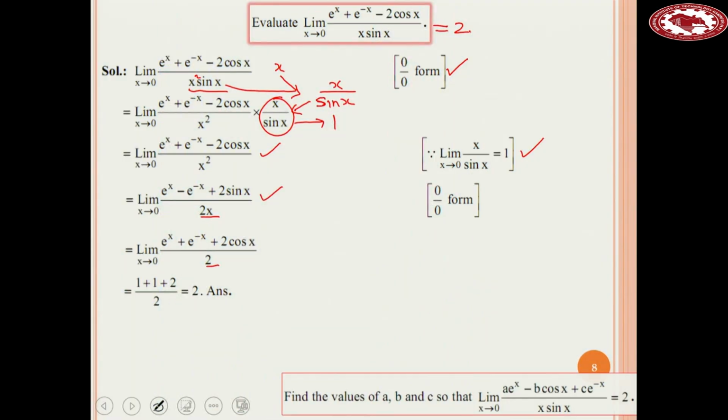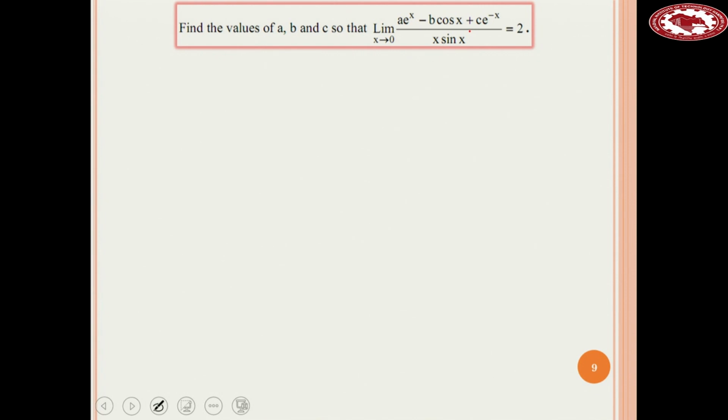Now one more question. Find the values of a, b and c so that the limit as x tends to 0 of a e raised to power x minus b cos x plus c e raised to power minus x divided by x sin x is equal to 2. Solve this problem.